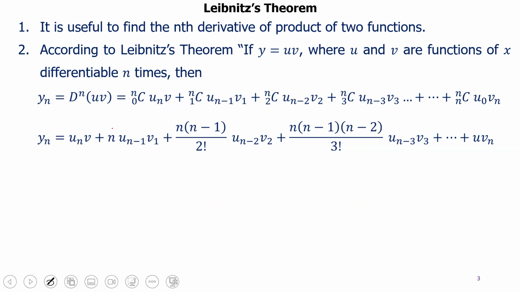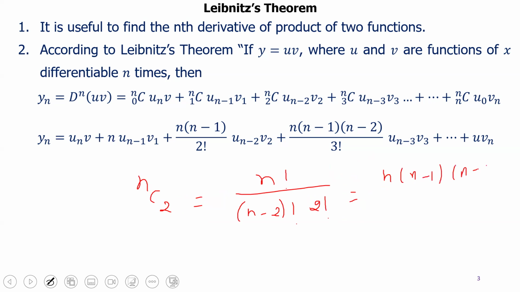Similarly, if we find the value of nC2, it is nothing but n factorial divided by (n minus 2) factorial into 2 factorial, which can be written as n into (n minus 1) into (n minus 2) factorial divided by 2 times (n minus 2) factorial.